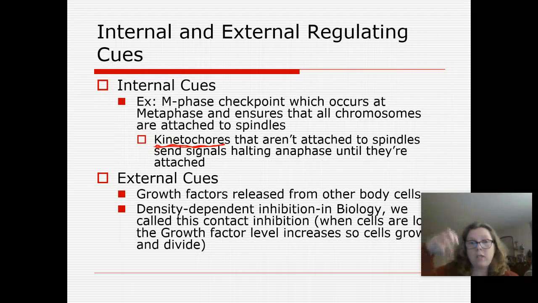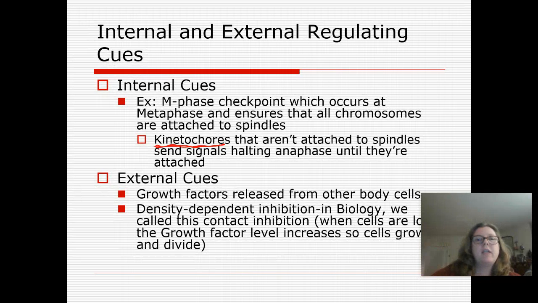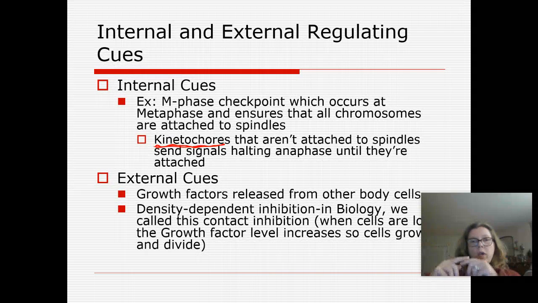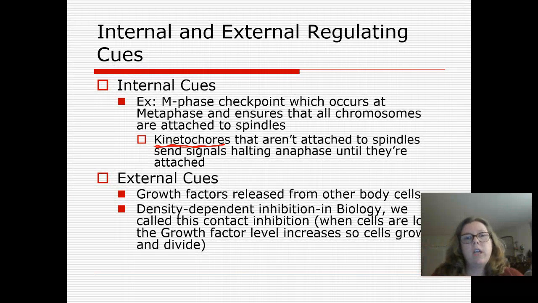So if the kinetochore is not occupied by a spindle fiber, it sends out chemical signals that will halt the cell from going any further until every spindle has attached to every chromosome. That way you don't get chromosomes that fail to separate. Like if right here, this one is not attached to a spindle, they would both get pulled in the same direction. But if each side is attached to a spindle, then the spindle is going to pull it apart like it should. So those kinetochores are really important for that reason.